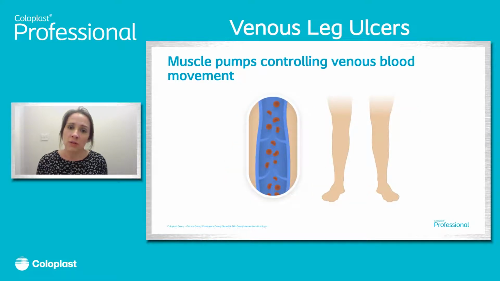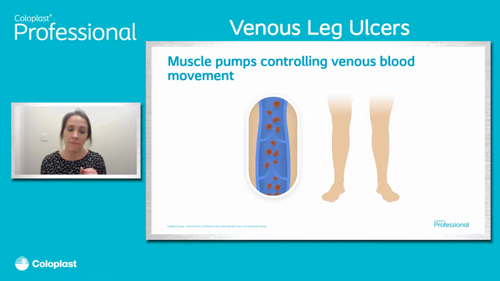So when we're looking at the venous blood movement, we need to also think about the valves within the veins and our calf muscle pump, which supports that venous return. And you can see here on the diagram that you've got that blood flow through the vein, but you've got those little blocks within that vein almost.